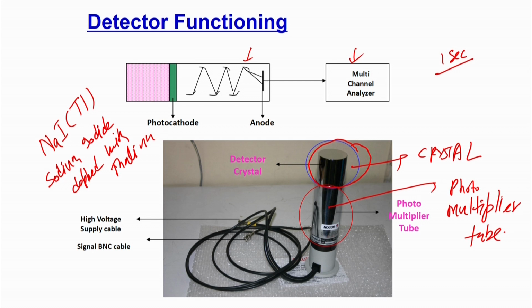So, these are sodium iodide detectors. Why is it used? Because it is very cheap compared to other detectors like BGO. It is very cheap, and that is why for RPT applications we generally use sodium iodide scintillation detectors, which are doped with thallium.